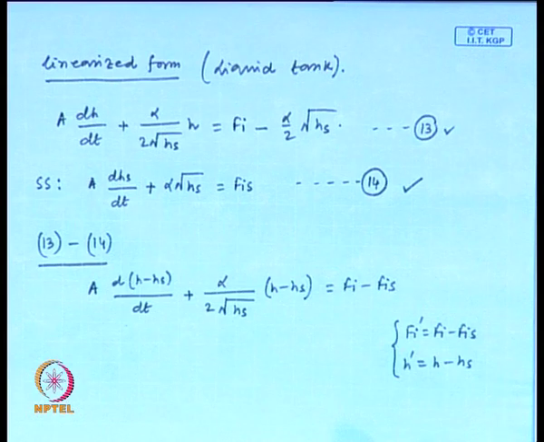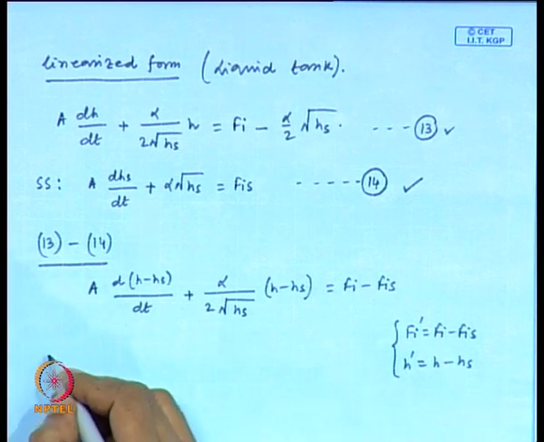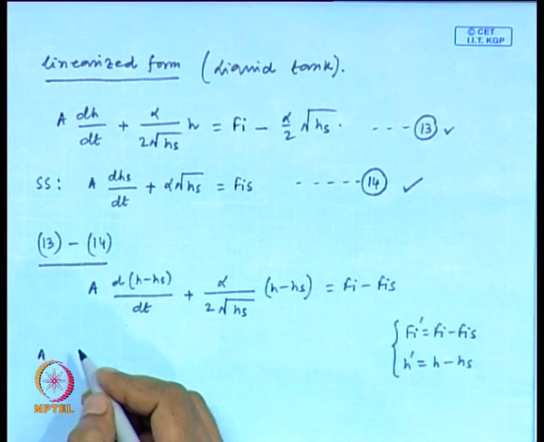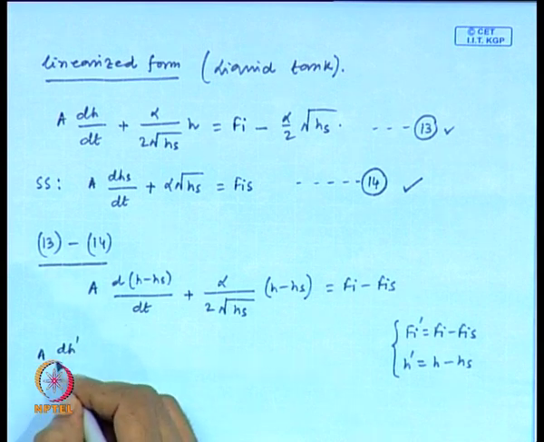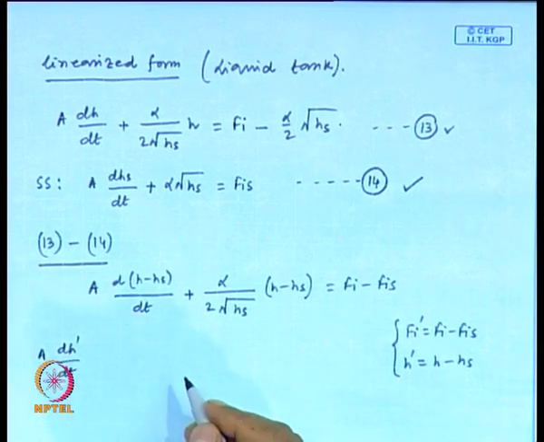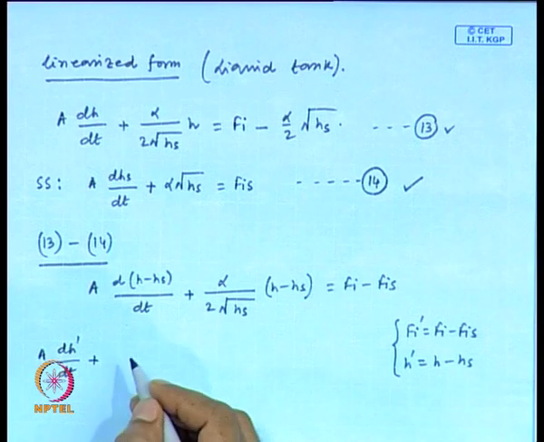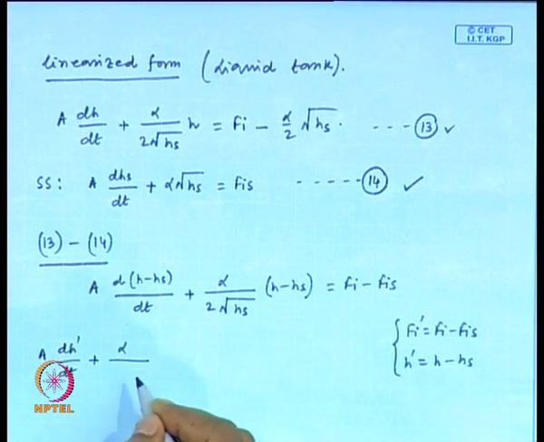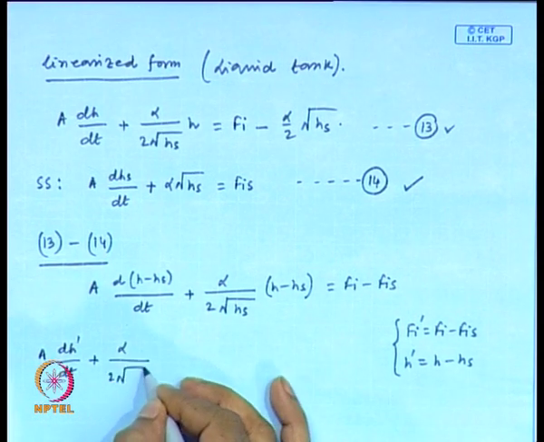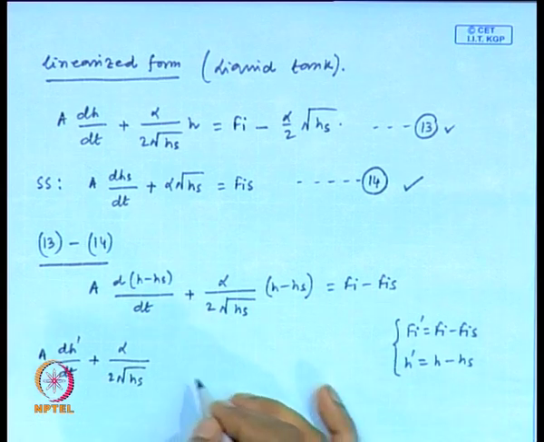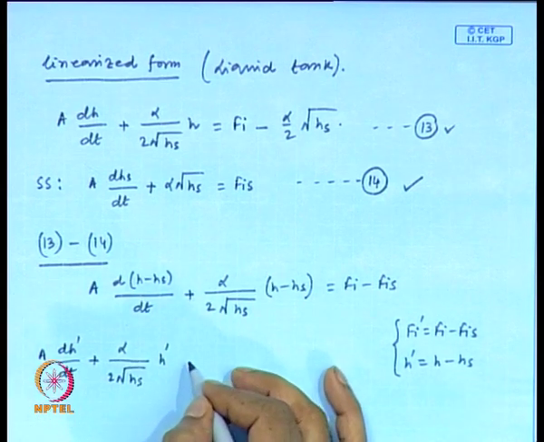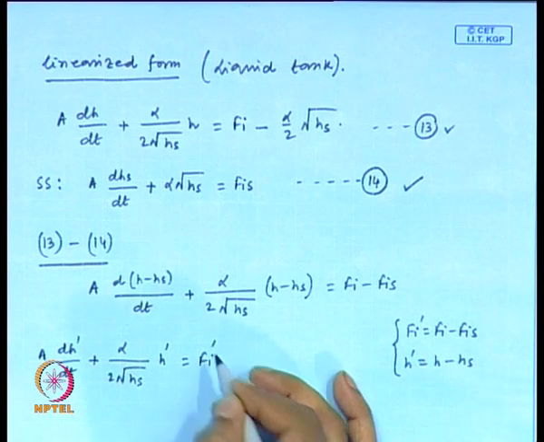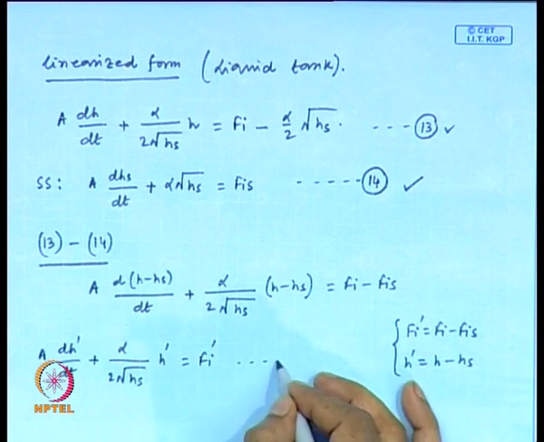Now, if we write the above equation in terms of deviation variables, we finally get A dh prime dt plus alpha divided by 2 root hs times h prime equals Fi prime.